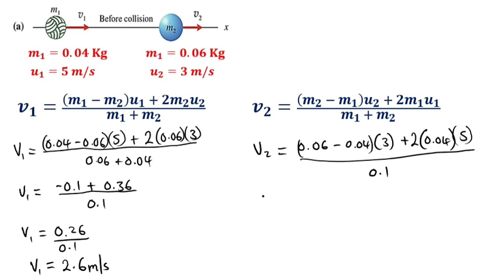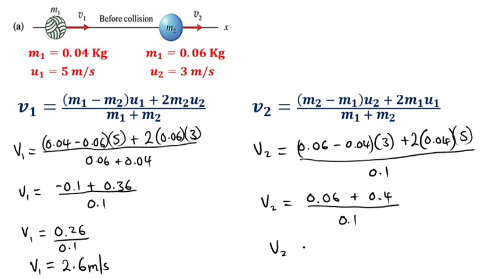So V2 is equal to 0.02 times 3. We get 0.06 plus 10 multiplied by 0.04. That is 0.4. All this is over 0.1.